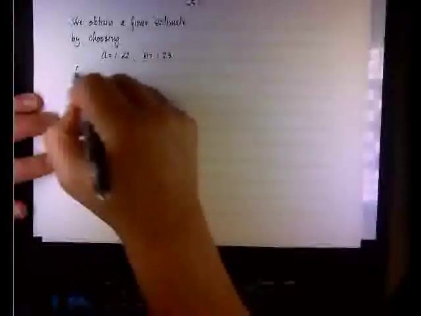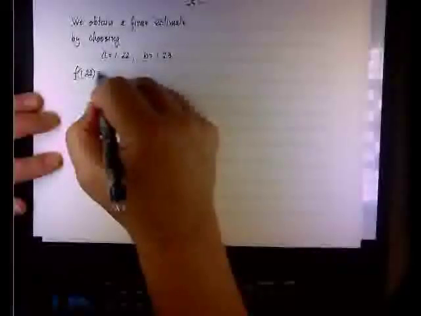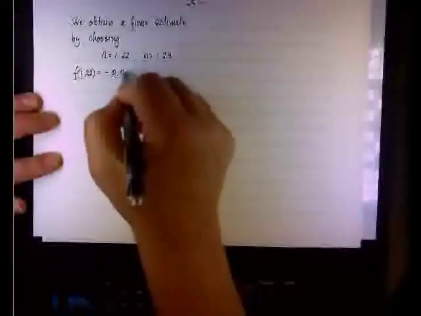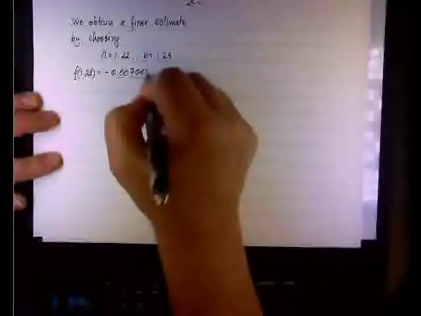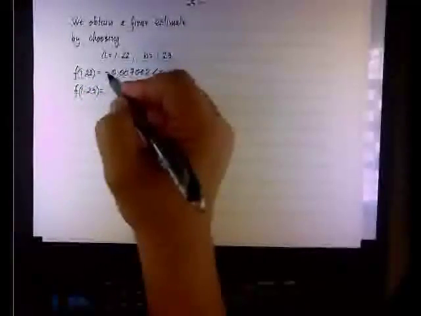So f of 1.22 equals negative 0.007008. So it's negative. On the other hand, f of 1.23, let's see what this comes up with in the calculation.